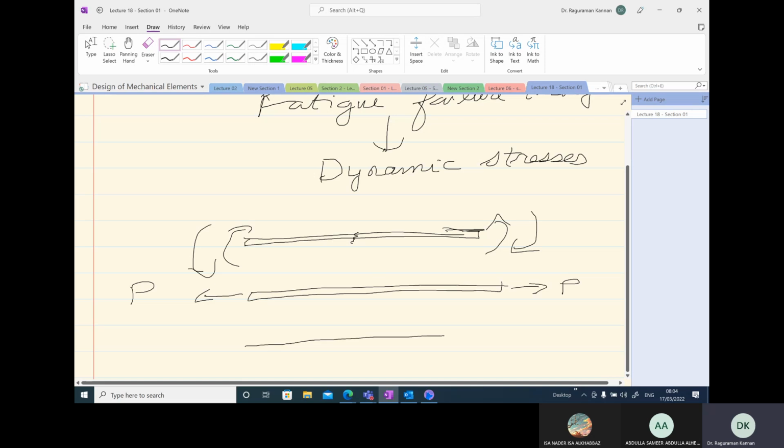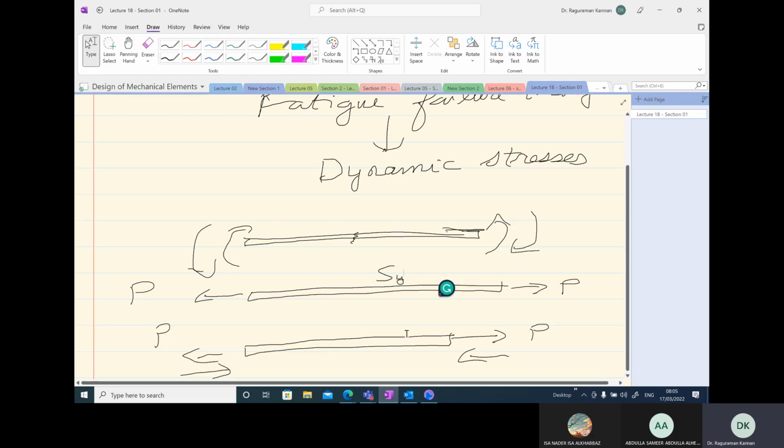The same piece of wire, if you apply dynamic tensile and compressive loads, you will still find, although lesser than the usual strength of the material, here the strength of the material will be Sy, while here it will be observed to be a lot lesser.